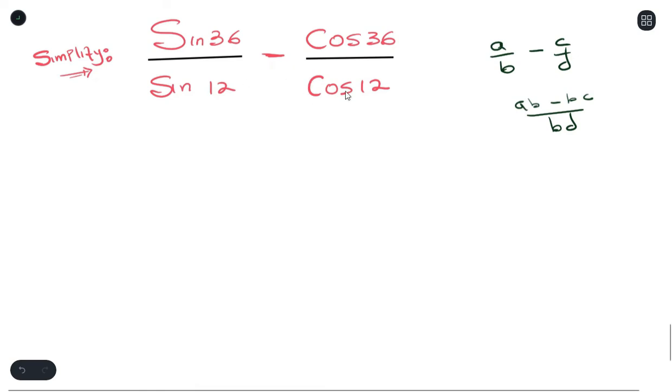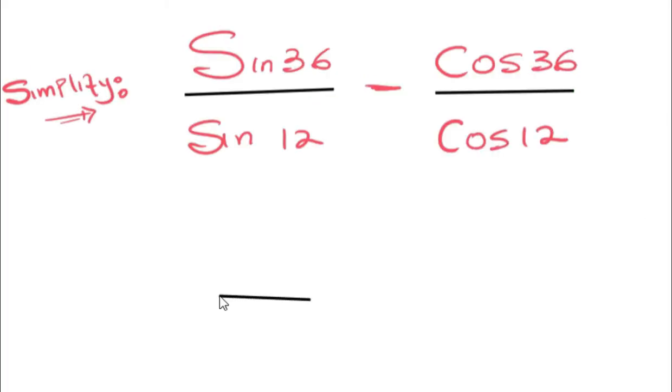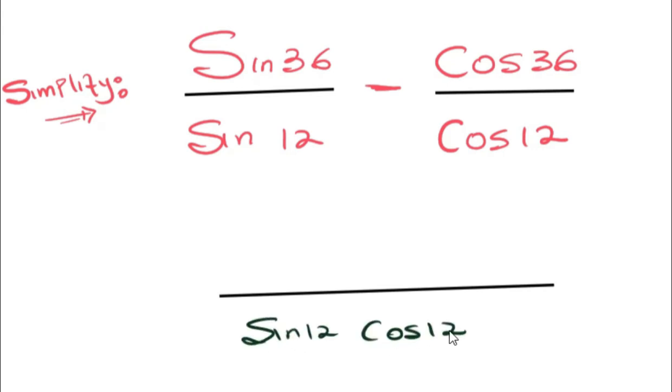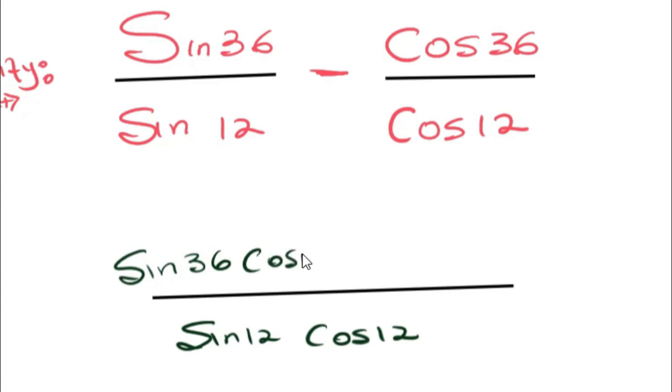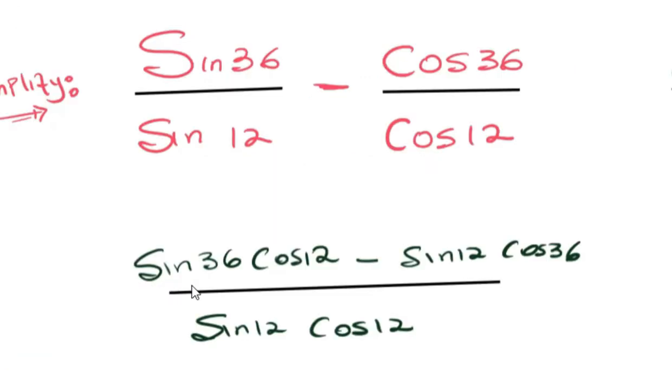So I see this, the first thing I do is get my LCD. The LCD for this would be sine 12 cos 12. As you can see, your numerator would be sine 36 cos 12 minus sine 12 cos 36.